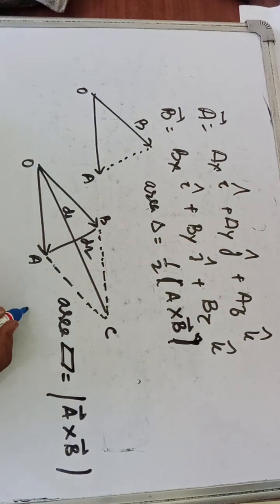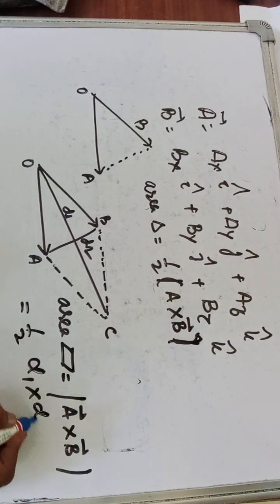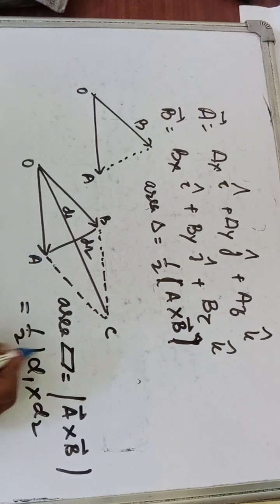And this is equal to half of d1 into d2, where d1 and d2 are the diagonals of this parallelogram.